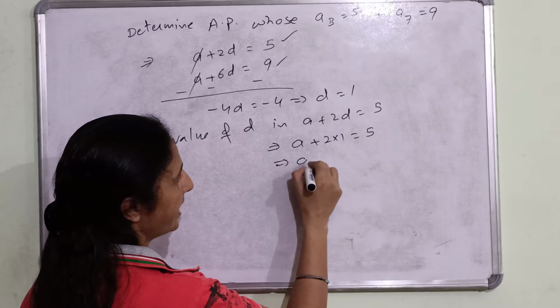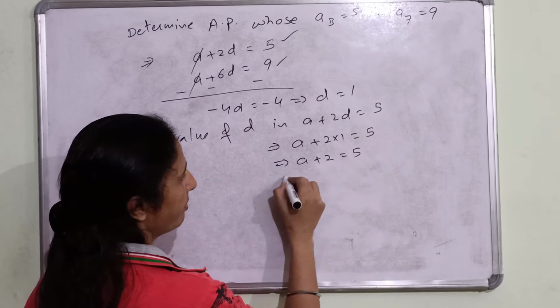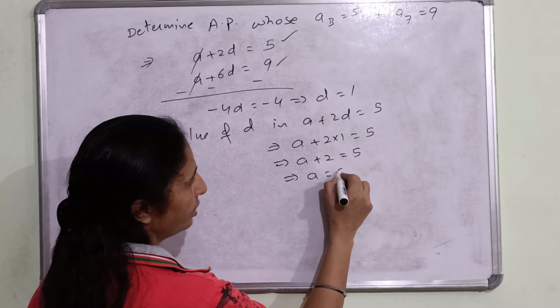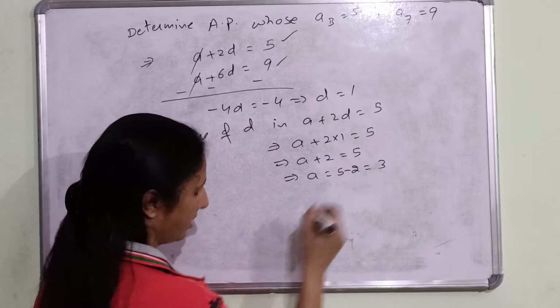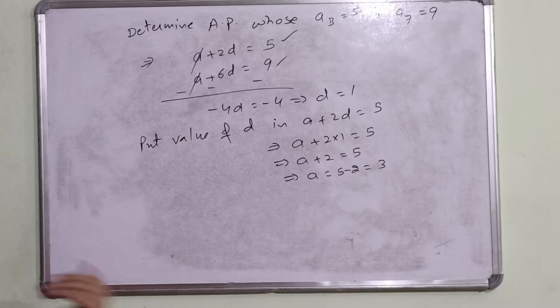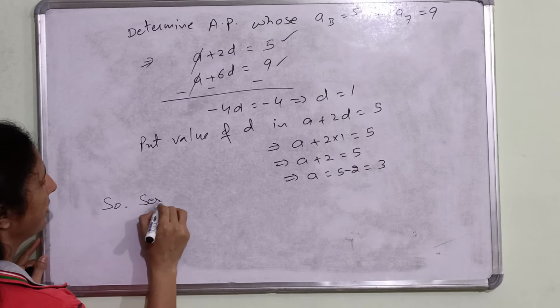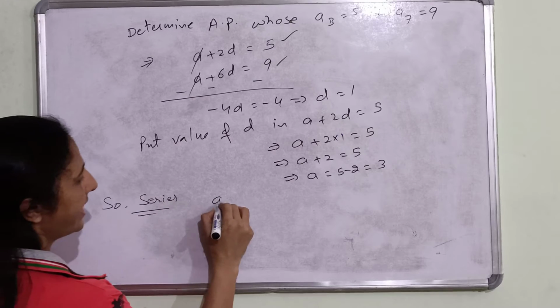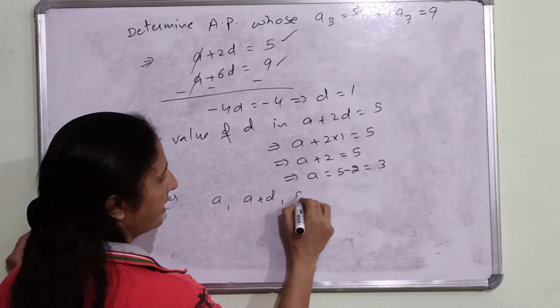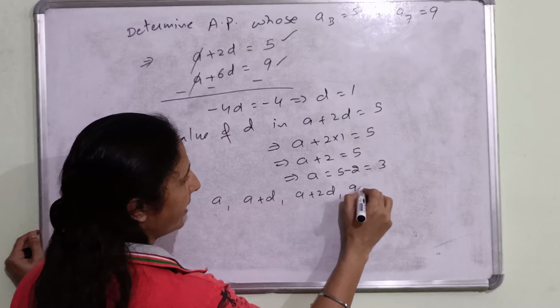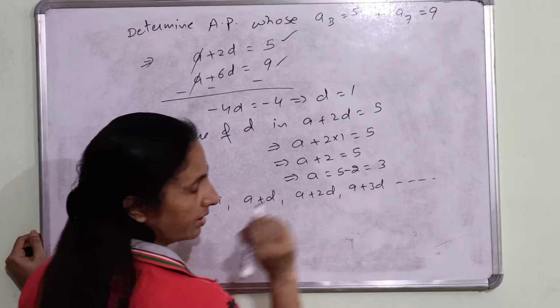So a plus 2 is equal to 5, which means a is 5 minus 2, that is 3. Now we have a and we have d, so we can find the series. The AP series means a, a plus d, a plus 2d, a plus 3d, and so on.